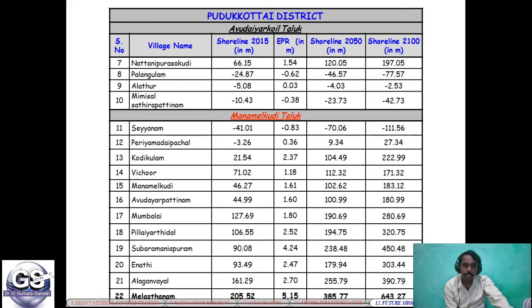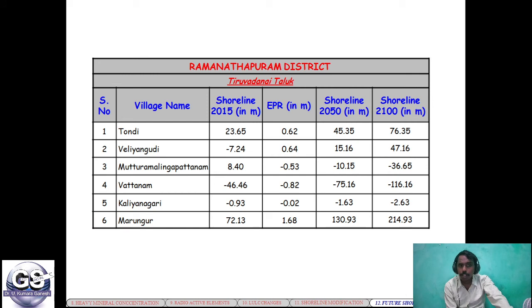Similarly, other taluks were also calculated, and Melastanam village in Manamelkudi Taluk was noticed with a high accretion in shoreline position of 643.27 meters from the present day shoreline. Only in Tiruvadanai Taluk was erosion noticed, with a value of 116.16 meters in Vattanam village.